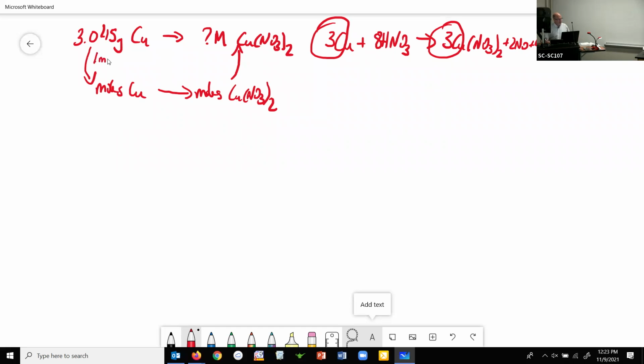So just writing out our conversion factors before we get out the calculator. For every 1 mole of copper, it's going to weigh 64 grams. Every 3 moles of copper will get us 3 moles of copper nitrate. And molarity is the number of moles divided by the number of liters. Those are the 3 relationships we're going to take advantage of.